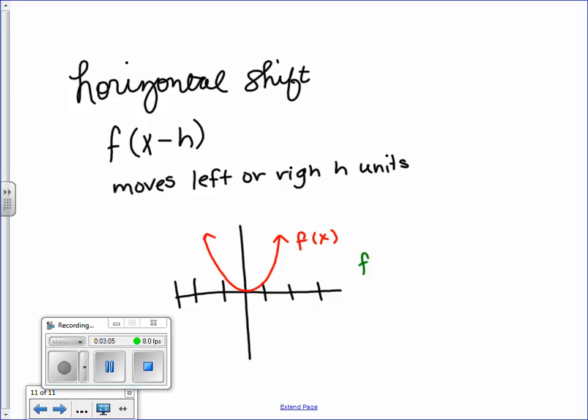So if I have f of x plus h, okay, this is h, it's going to be over here. So it's negative 2. x plus h. It's going to go over there. Okay? It's going to go negative 2 over. Opposite. Minus 2.